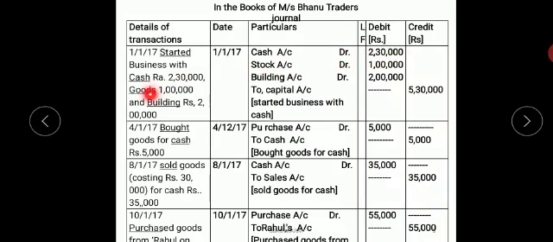Now instead of goods, these are the stock of goods held for resale. That's why I will refer to it as stock. It is opening stock. Stock account is debited 1 lakh. Building account is debited with 2 lakh. Now whatever investment I have made initially will be equal to my capital, that is 5,30,000.